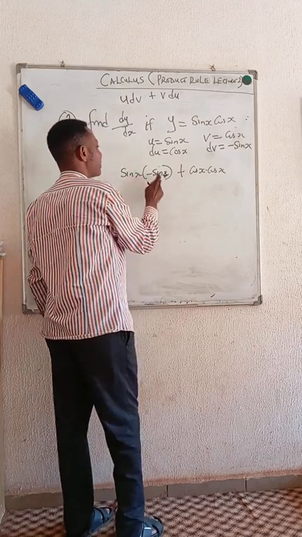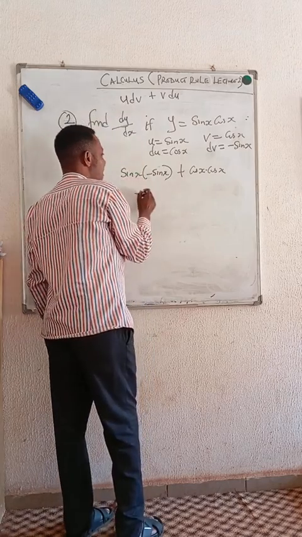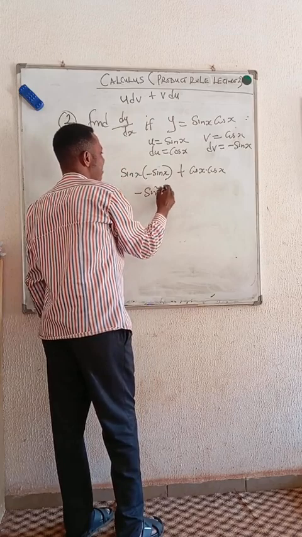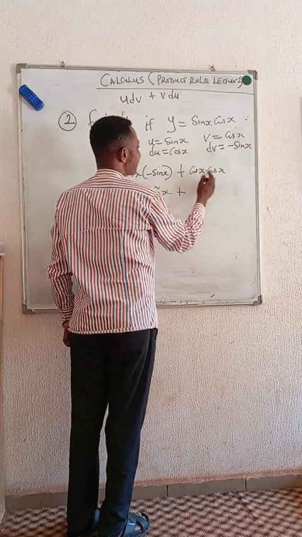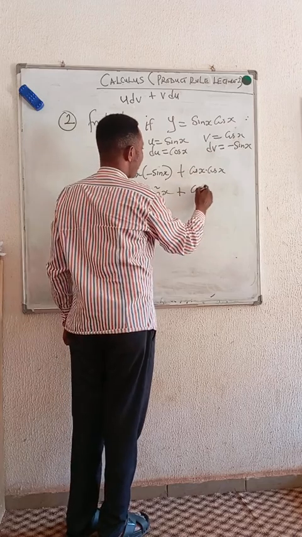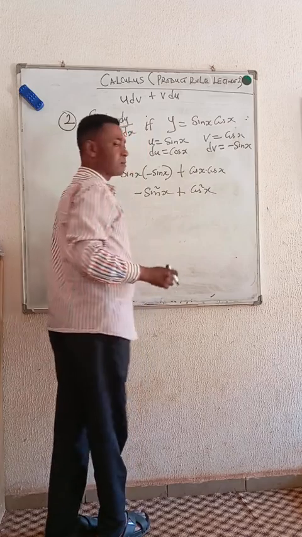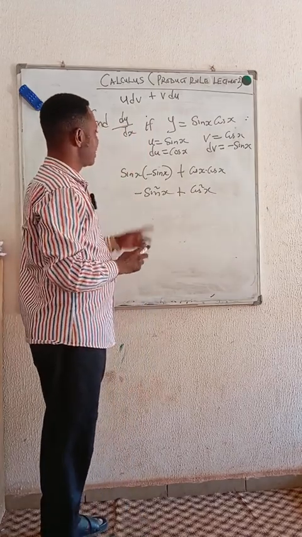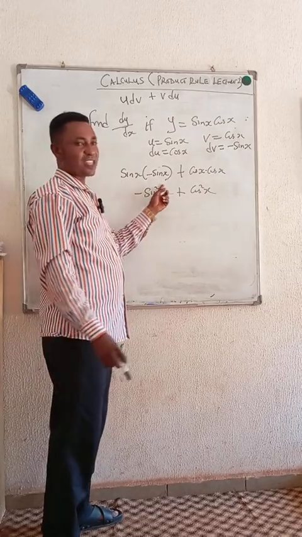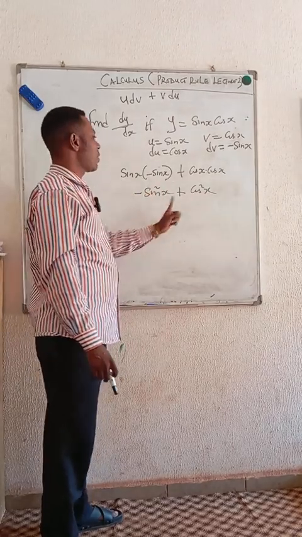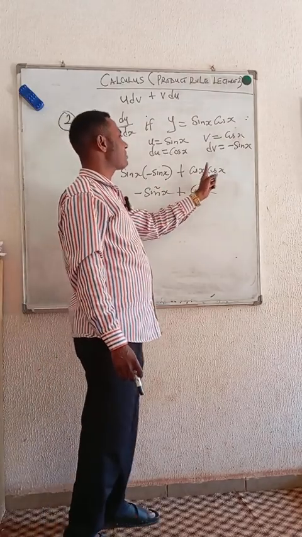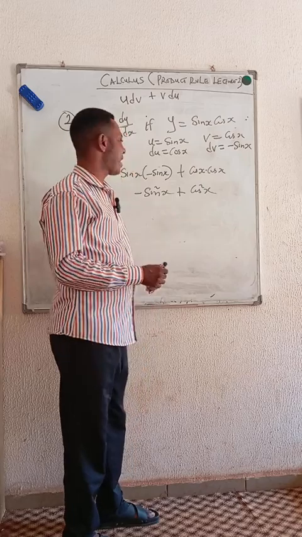Now, sine x times minus sine x, we have minus sine square x, plus cos x times cos x, you have cos square x.